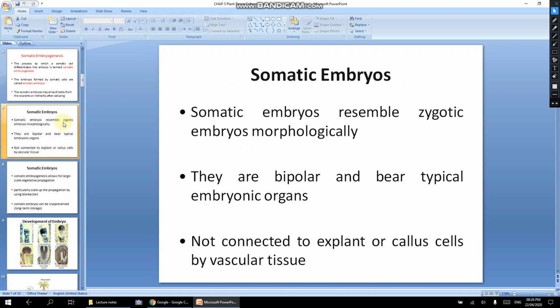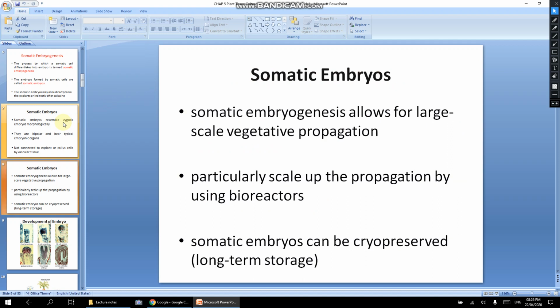It is not connected to the explant or callus cells by vascular tissue. It allows for large-scale vegetative propagation, and usually it can be scaled up by using bioreactors. And somatic embryos can be cryopreserved, meaning they can be stored in cold condition.